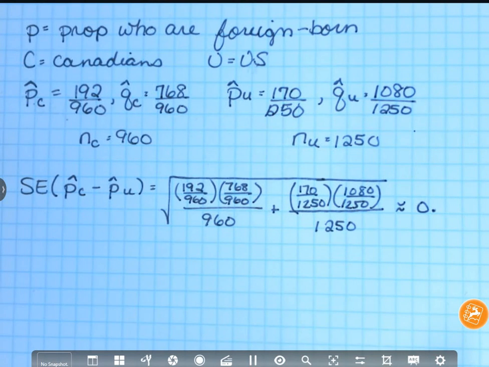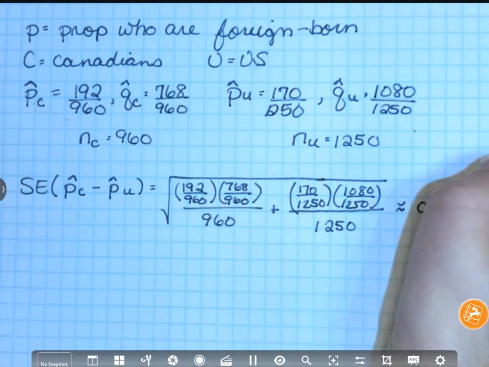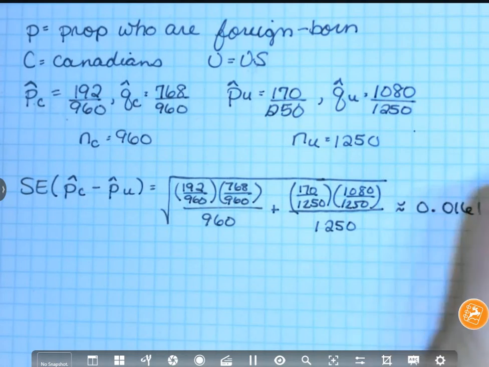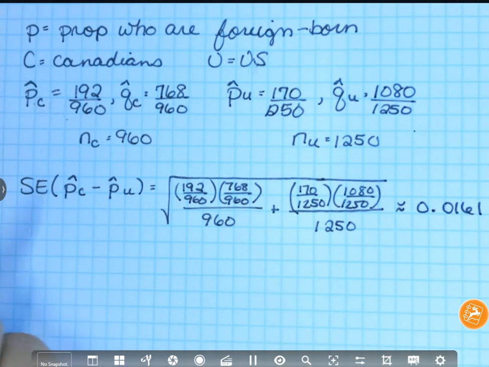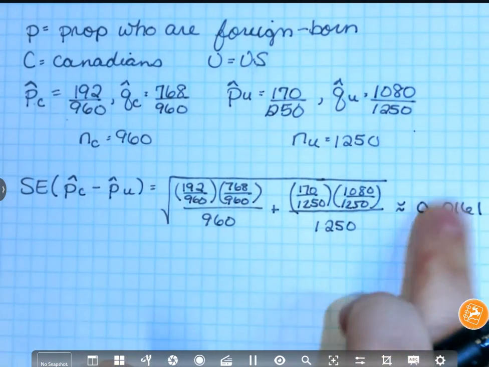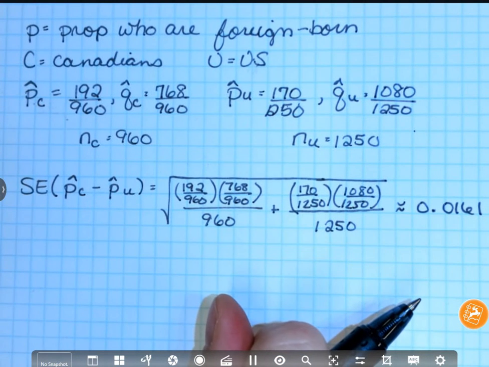Isn't this fun? Eden, what'd you get? It is not as easy as you might think to type this in, so check to see that you got 0.0161.